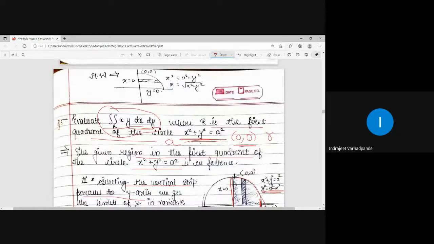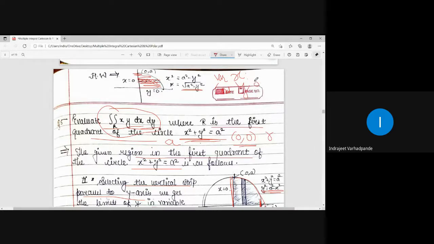I have taken the vertical strip. In homework you can try the horizontal strip, which is drawn parallel to the x-axis. Limits of x will be variable and limits of y will be constant. So x is moving from 0 to under root of a square minus y square, because limits of x will be expressed in the form of a variable, and y will be rolling from this end to this end.